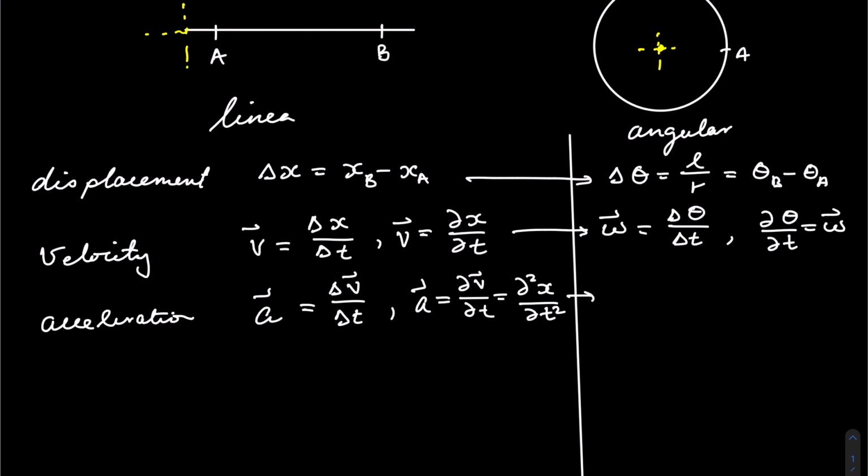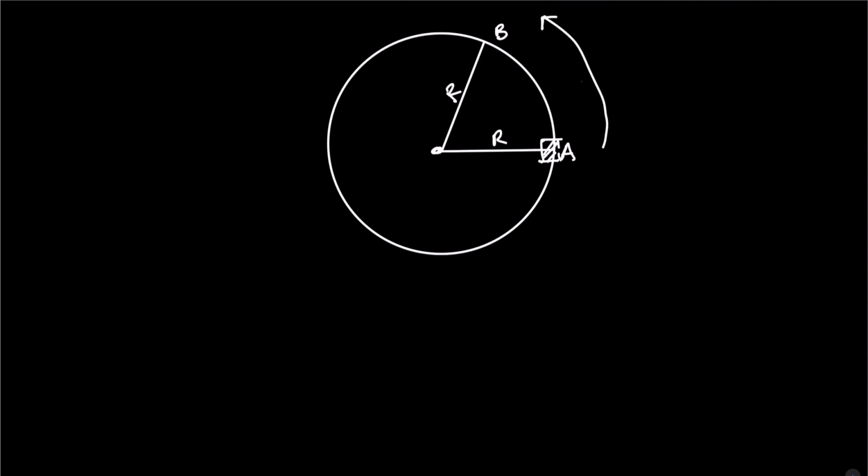Alpha will be given by d omega over dt, and I'm sure you can also note that that will basically be d squared theta over dt squared, and that's your alpha.